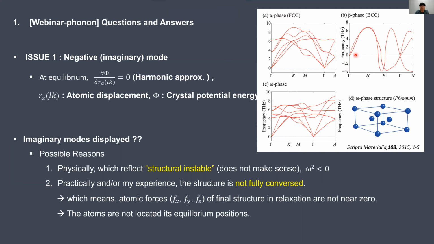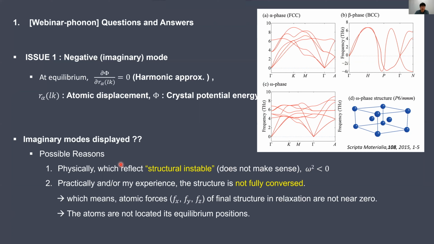However, you get a negative mode in the BCC beta phase at the P point and N point, which means it is very unstable, the same meaning as structural instability. This also does not make sense physically, because omega squared cannot be under zero.